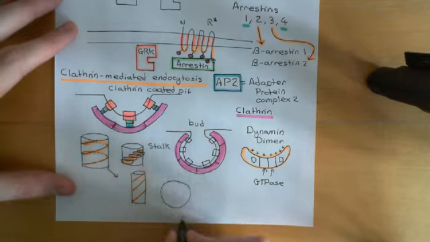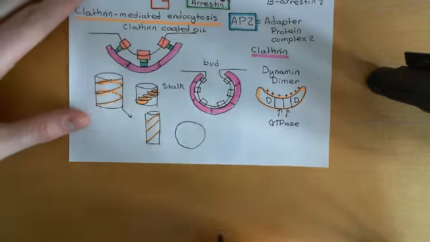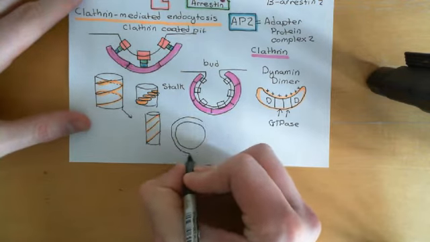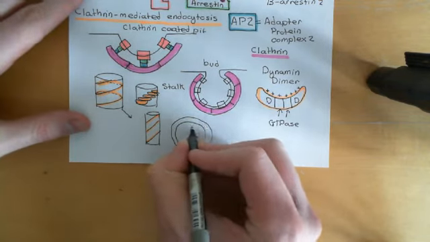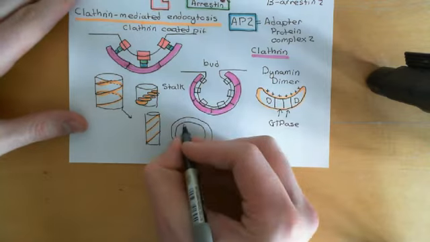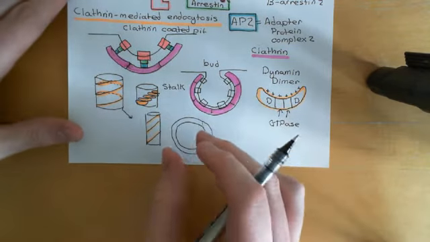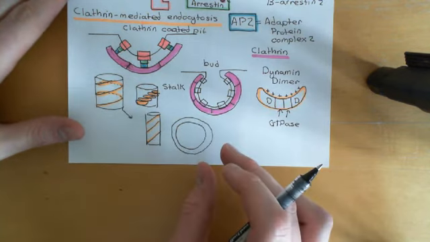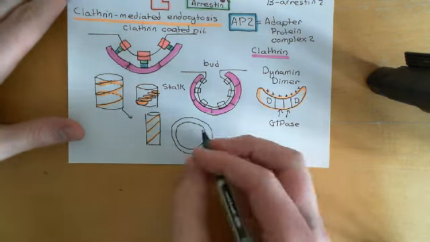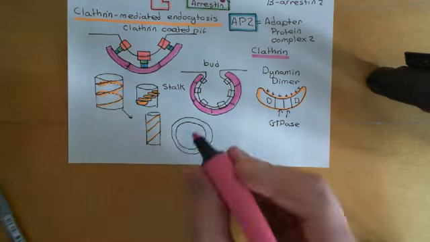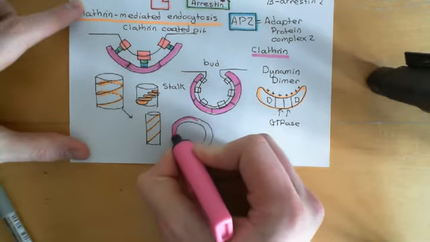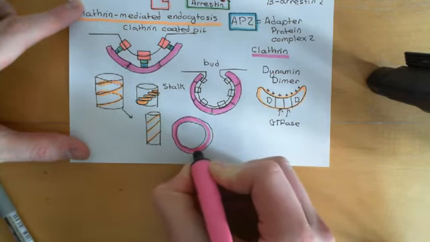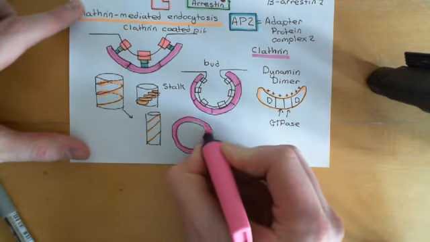So here now is our vesicle in the cytoplasm, and initially it will be utterly coated in clathrin, and also the arrestin and the AP2. What's then going to happen is the clathrin proteins and also the AP2 proteins are going to come off. So initially this vesicle that we produced here is known as a clathrin-coated endocytic vesicle. I'm just colouring in the clathrin here, which is coating the vesicle.